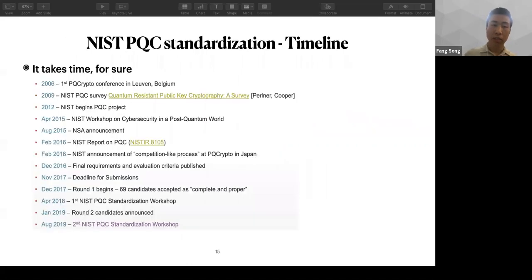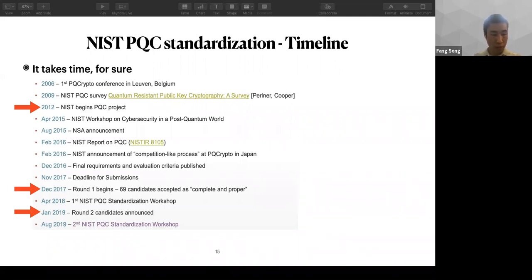All right, so I copied this table from one of their presentations last year. So here are a few key timestamps. The project started in 2012. And after 5 years, there were 69 submissions and the round 1 review started.